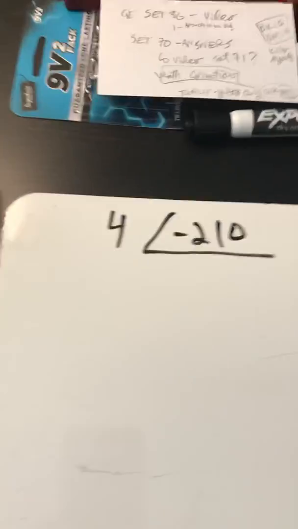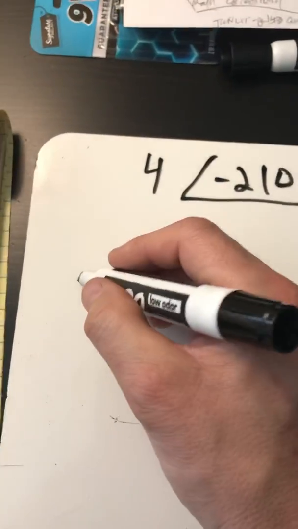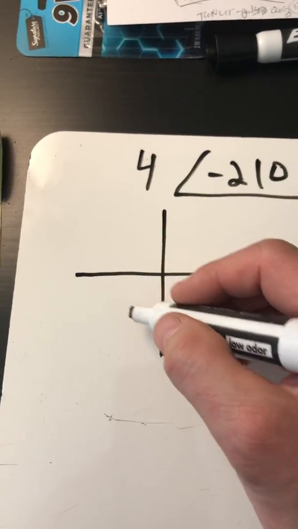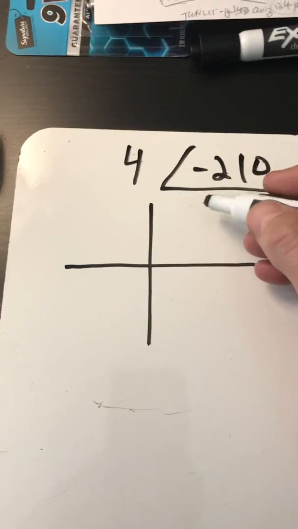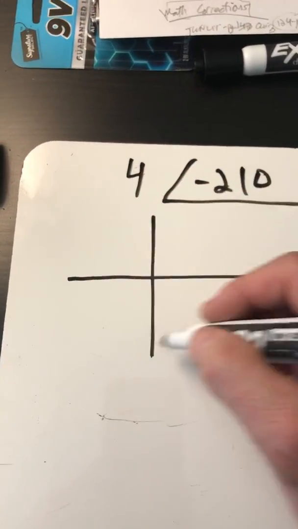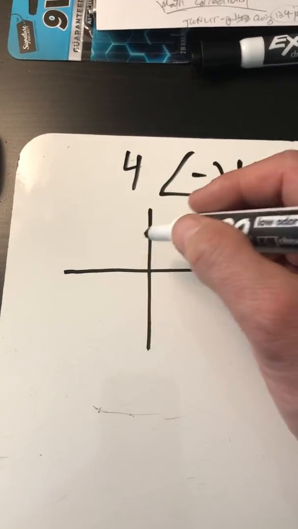So, usually we have to do a graph of these. Usually we go counterclockwise for positive angles. Well, now it's a negative angle, so instead of going counterclockwise, you're going to go clockwise.